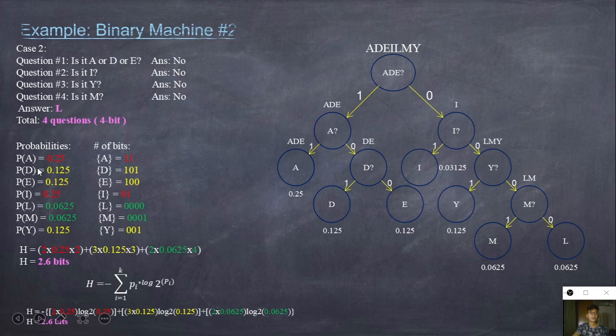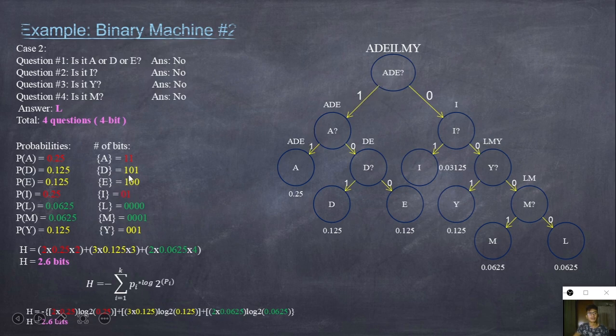For D, the probability is 0.125. E is equal to 0.125, I is equal to 0.25, L is equal to 0.0625, M is equal to 0.0625, and Y is equal to 0.125. As for the number of bits, A is equal to 1, 1 because its path goes to 1 and 1.